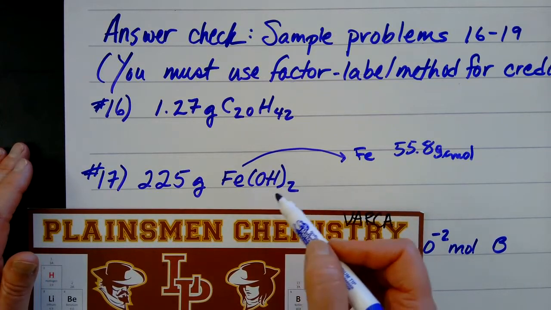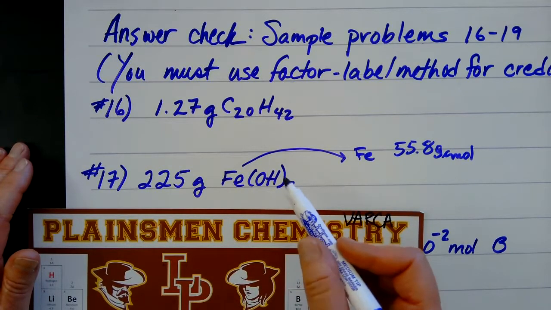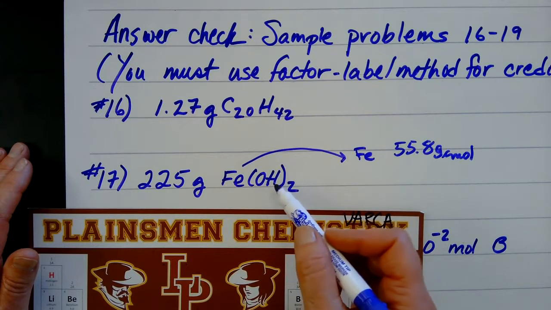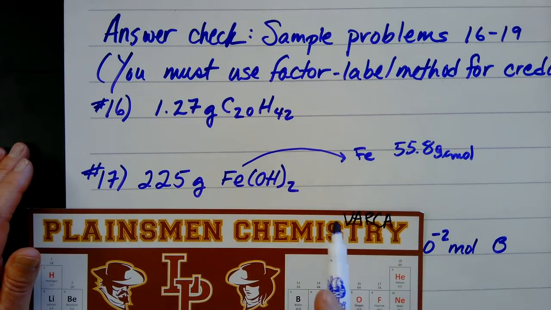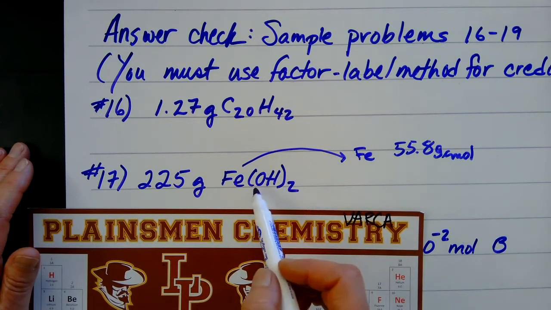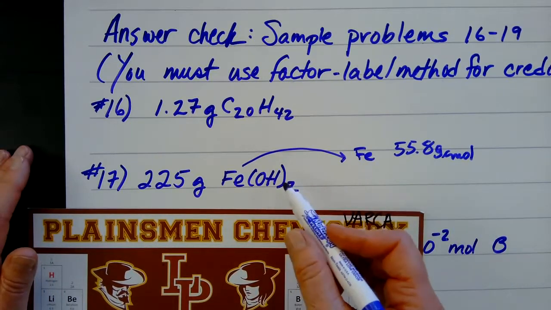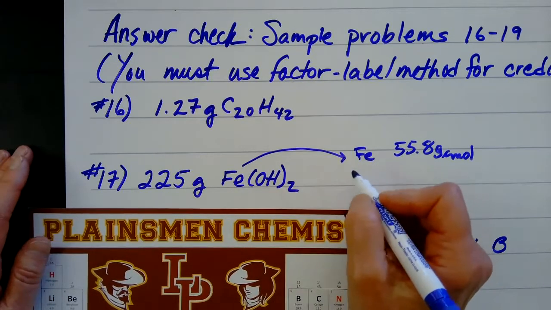So there are a couple of ways we can work with this. We can find the overall molar mass for oxygen plus hydrogen and then take that times 2, or we can say we have 2 oxygens and we have 2 hydrogens. Either way will work. I'm going to say we have 2 oxygens.